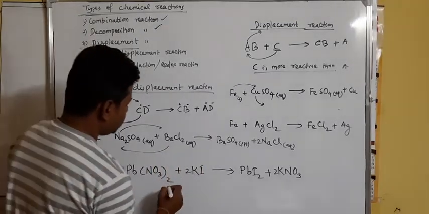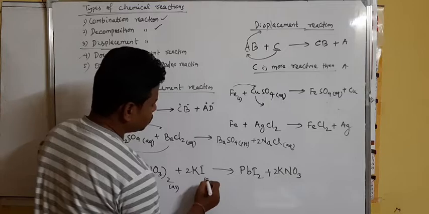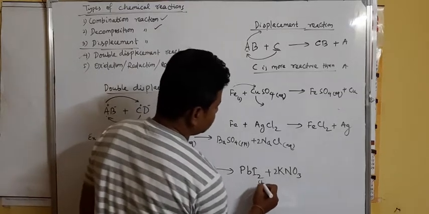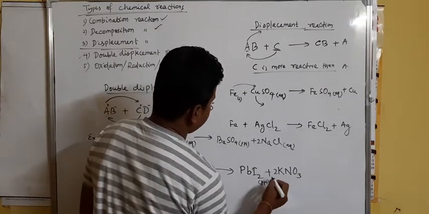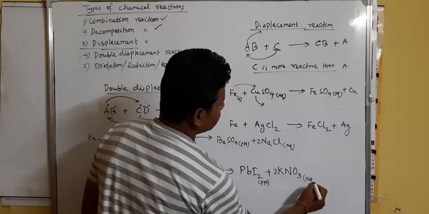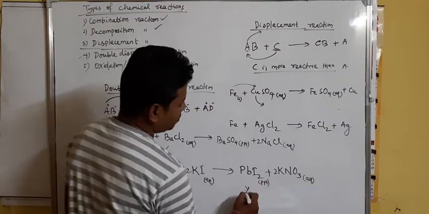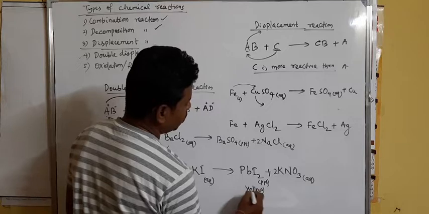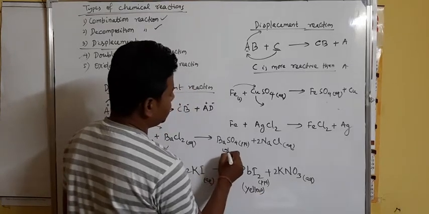Pb(NO3)2 is aqueous, the potassium nitrate is also aqueous, and PbI2 is the precipitate. And you know that the color of lead iodide is yellow, whereas BaSO4 is white.